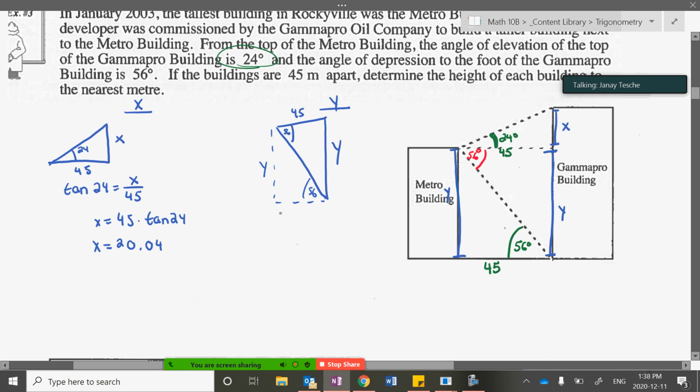And then on this one, we're going to have, again, the tan of 56 gives us y over 45, opposite over adjacent again, so then y is equal to 45 times the tan of 56.